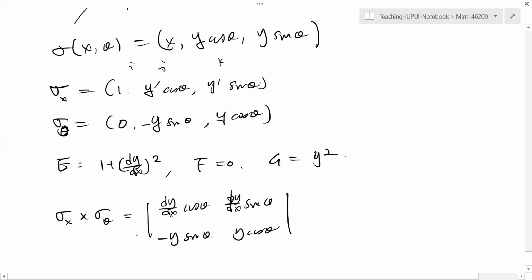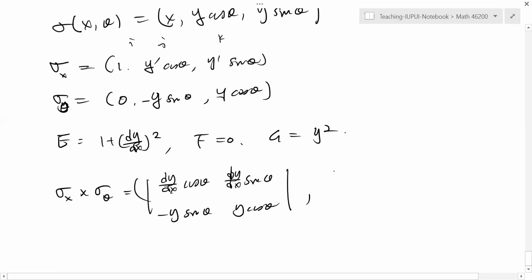So this is the first component. The second component here is going to be negative this matrix. So negative y cosine theta. And this will be negative y sine theta.